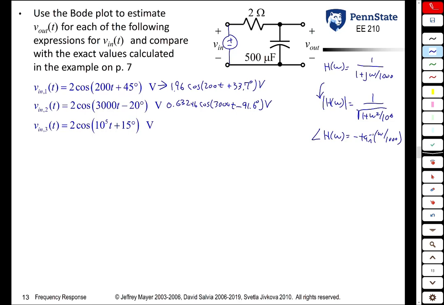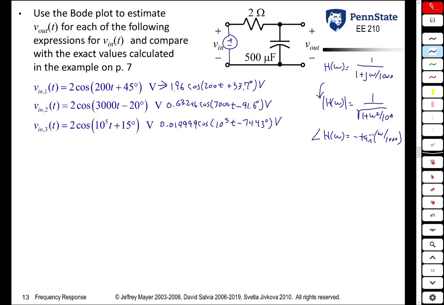And finally, we saw that an input of 2 cosine of 10 to the 5th t plus 15 degrees gave us an output of 0.019999 cosine of 10 to the 5th t minus 74.43 degrees.